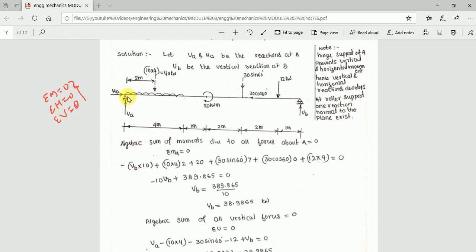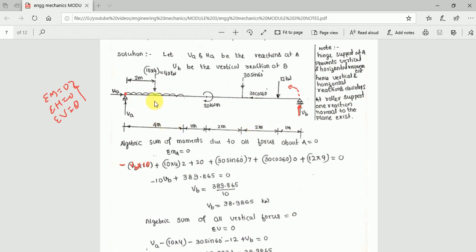So now let us choose point A and find the moment about this point. The overall length of this beam is 10 meters. VB is acting here, and this moment is anti-clockwise, so this force will rotate the beam in the anti-clockwise direction. That's why it is minus VB multiplied by 10, the distance. Force into perpendicular distance.